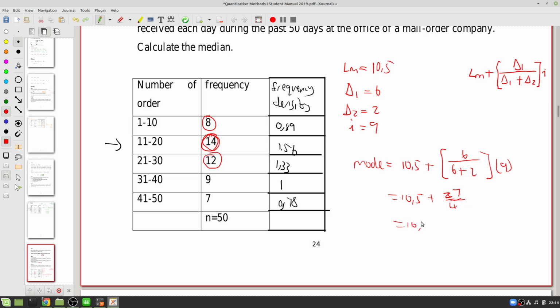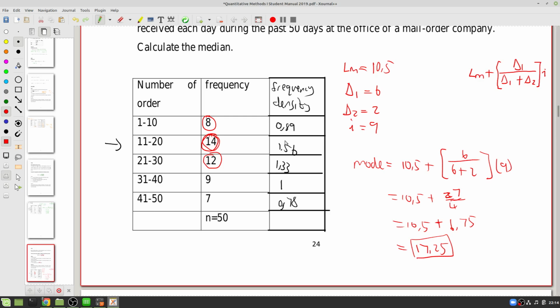Okay, so 10.5 plus, what is this? This is 6.75. And then we can add them, so 10 plus 6 is 16, plus 1.25, 17.25. Great, so that is our mode.